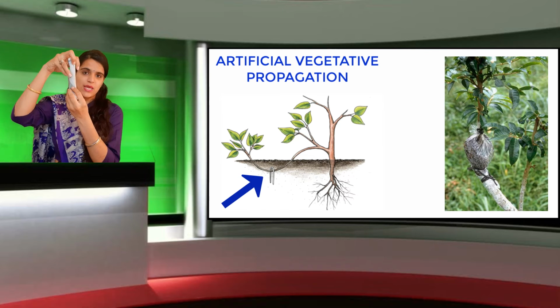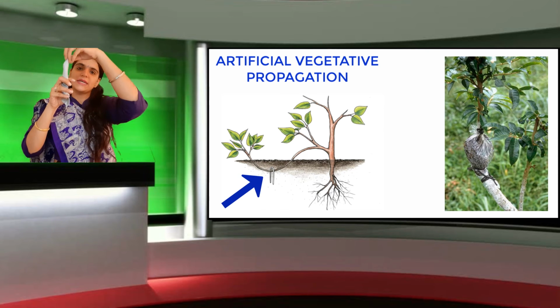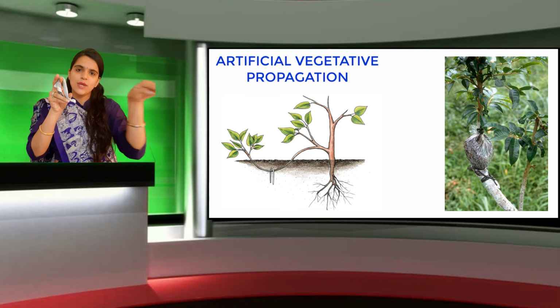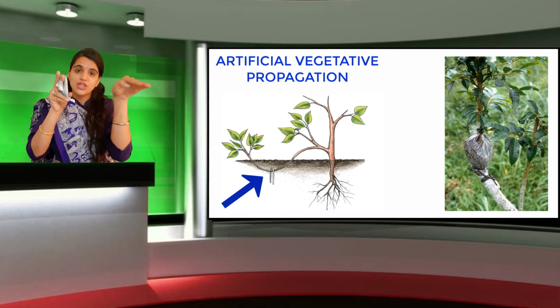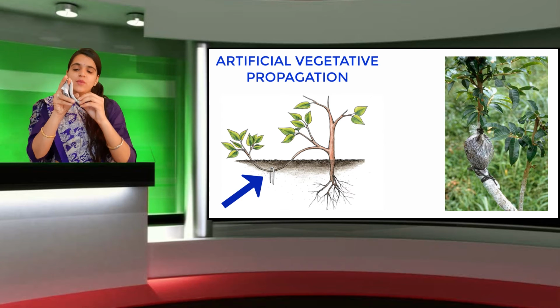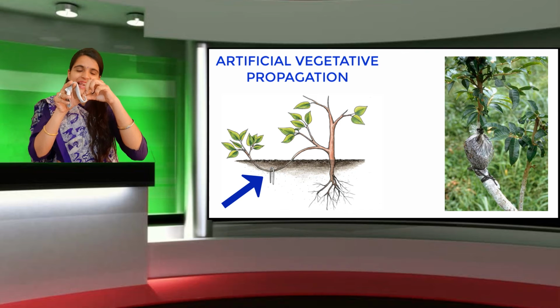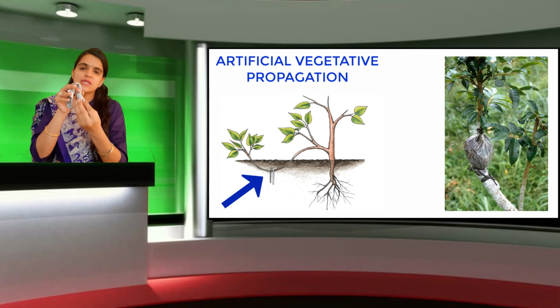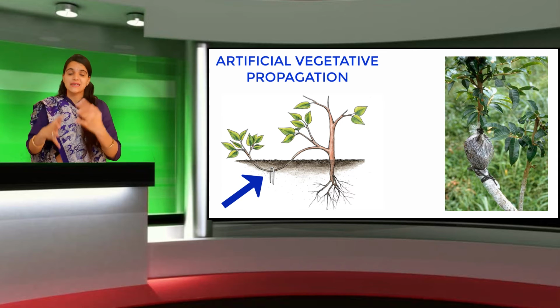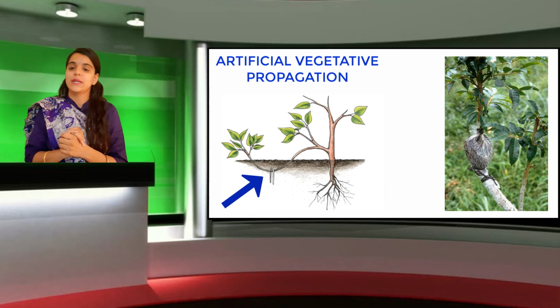Just as an example, we bend it like this and put it into the soil. Again, we cover it with soil, so that layering of the plant takes place. When we put it into the soil, after some time adventitious roots arise from it and it will form a new plant. So that is called the layering method.